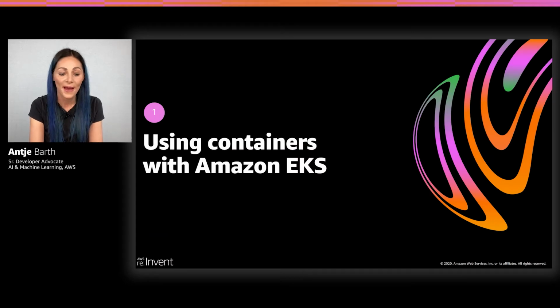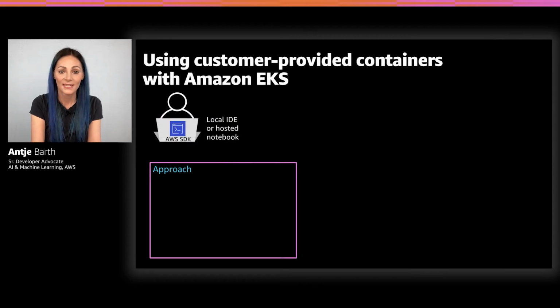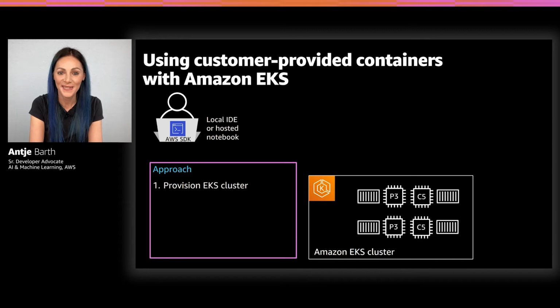Let's start with how to use containers with Amazon EKS. Let's assume she wants to build her own container. How does this now look? So first of all, running containers on EKS requires you to have an EKS cluster.